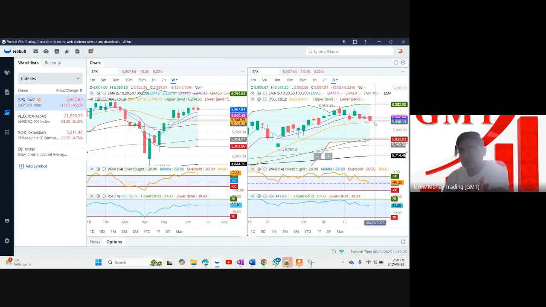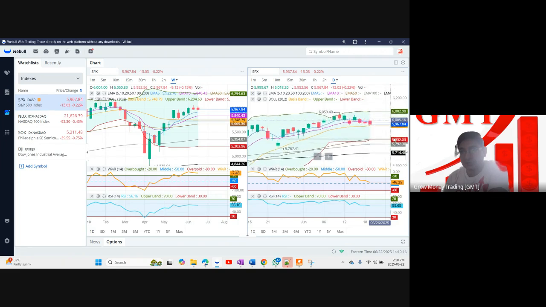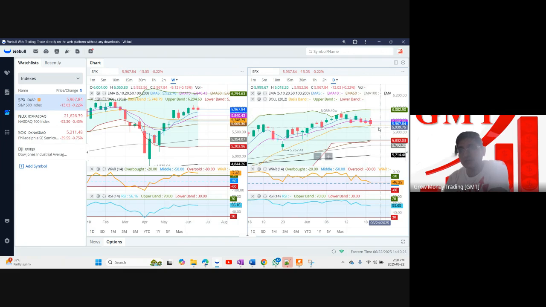It did take a bit of support. That's why we see a close slightly above the mid Bollinger Band, which can be expected to act as a weak support at this point, since the Williams R and RSI are still downward.